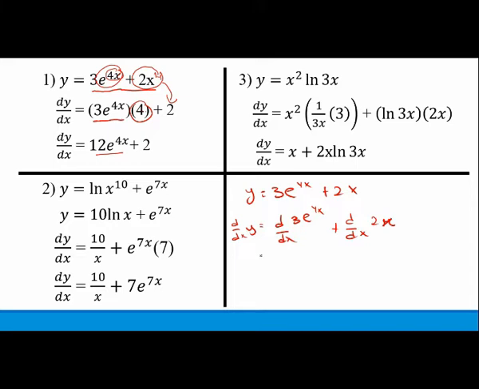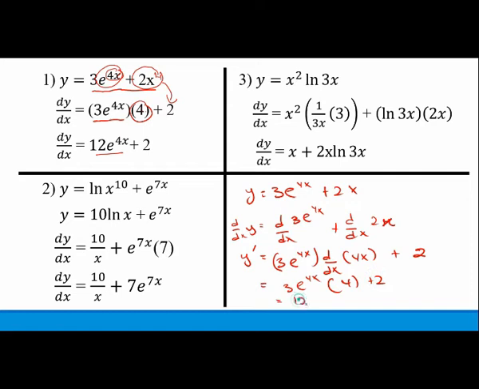For this case, you copy again, but you need to differentiate the power above. Differentiating 2x becomes 2. And for 3e^(4x), differentiating 4x, only the power, becomes 4, plus 2.